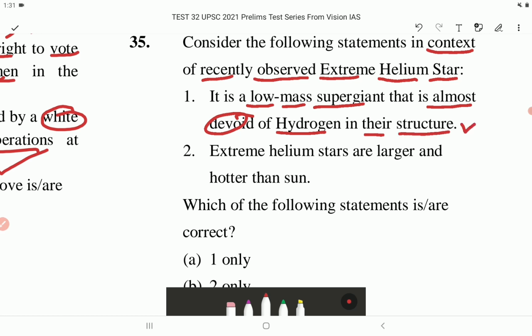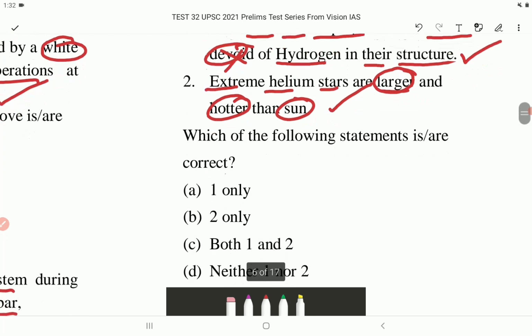So this is correct. They do not contain hydrogen. They are mainly composed of helium and other gases. Statement 2. Extreme helium stars are larger and hotter than the sun. This is also correct. Which of the statements given above is or are correct? The correct answer is option C, that is both 1 and 2.